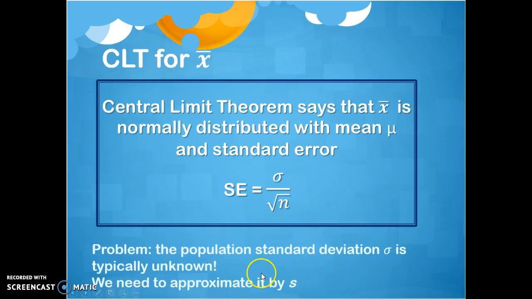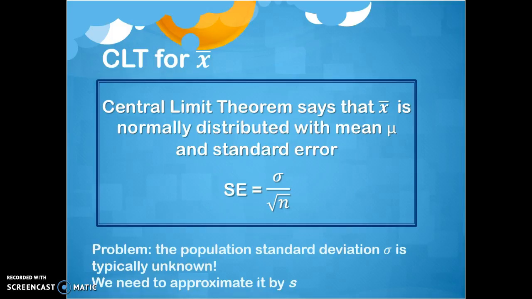We call that sample standard deviation S. That is an estimate of the population standard deviation, and then we can use that to estimate what the standard error is for our situation. Again, the standard error is a representation of how much sampling variability there is if I were to repeatedly sample from my population.